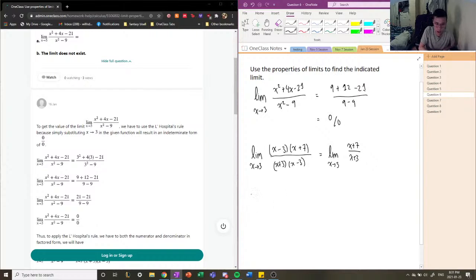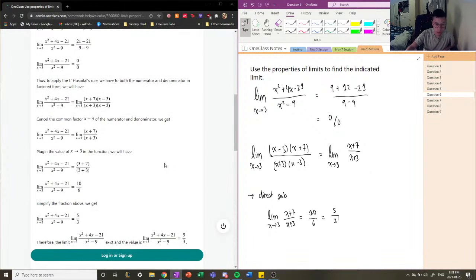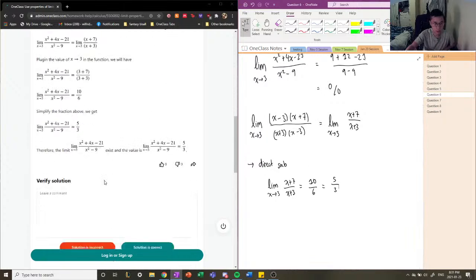Now we can use direct substitution. If we use direct substitution, we get that the limit as x approaches 3 of x plus 7 divided by x plus 3 is equal to 10 divided by 6, or 5 divided by 3. Okay? So that's the limit of this expression. We just simplified it using algebraic techniques.